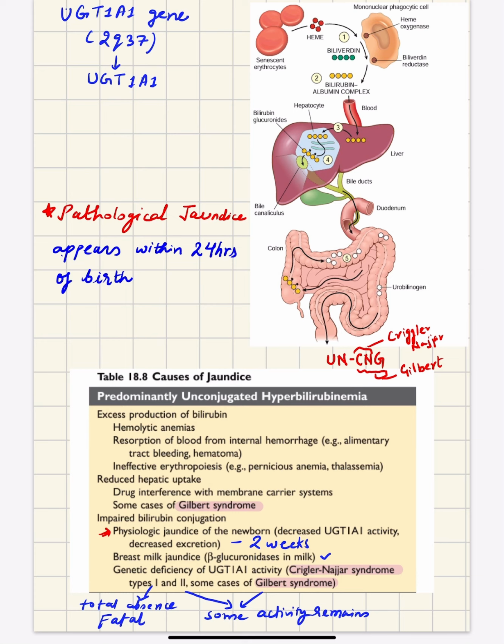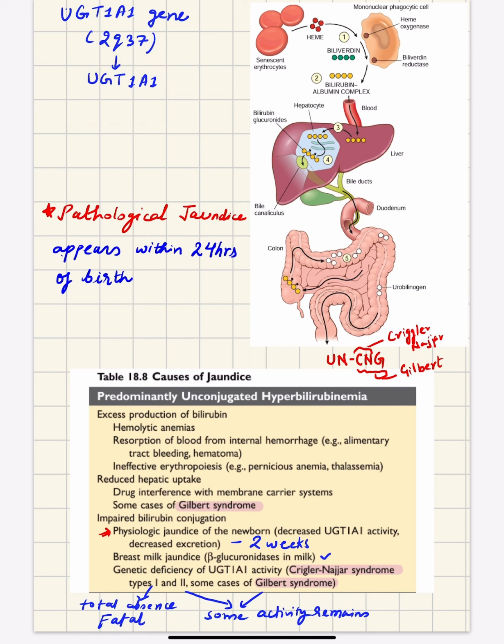So at the time of birth, there will be mild unconjugated hyperbilirubinemia. That is called the physiologic jaundice of the newborn. Basically, it is because at the time of birth, this enzyme activity is low in the body. This is that enzyme, UGT glucuronide transferase.